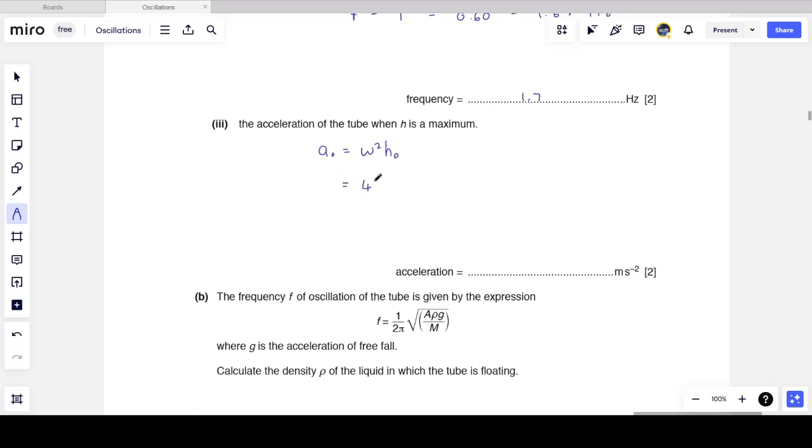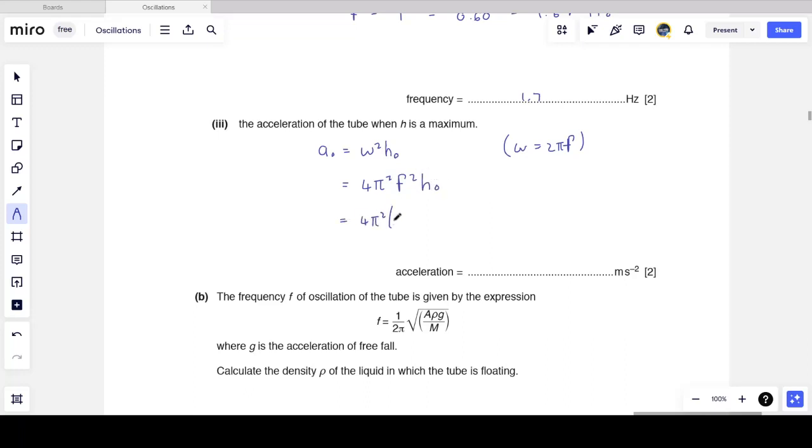I don't know the angular frequency omega, but I do know the frequency f, and I remember omega is 2 pi f. It's an equation I should never forget. So omega squared is 4 pi squared f squared, times h naught. And all of these values are known.